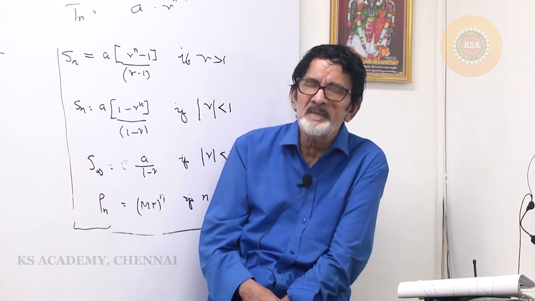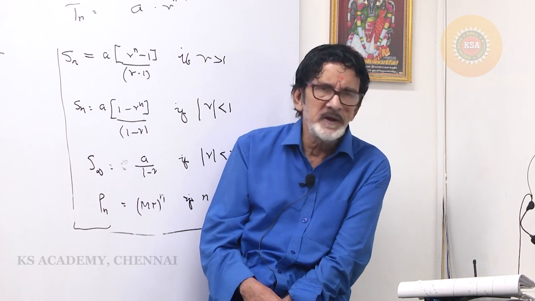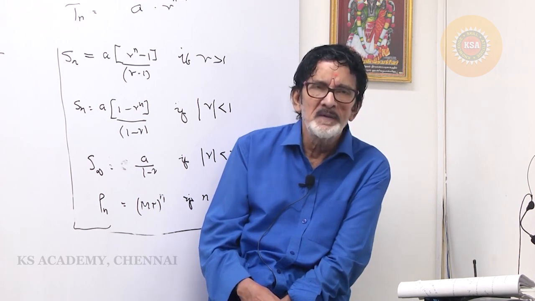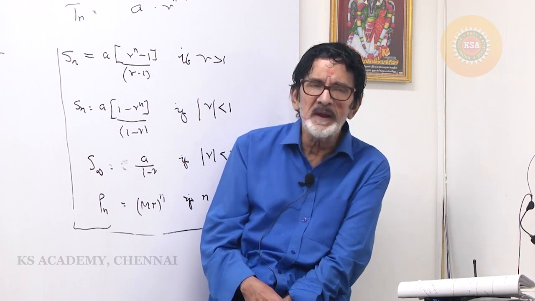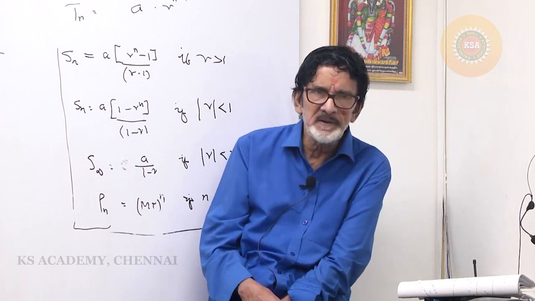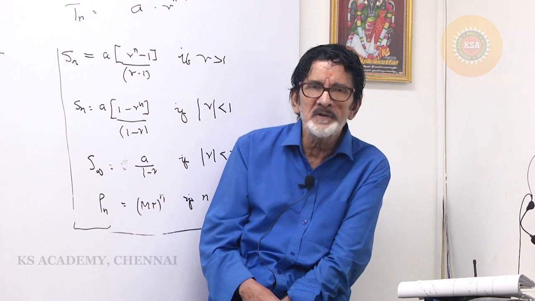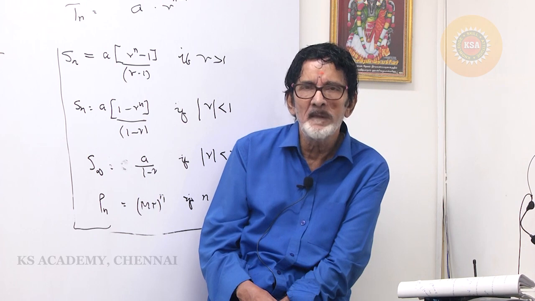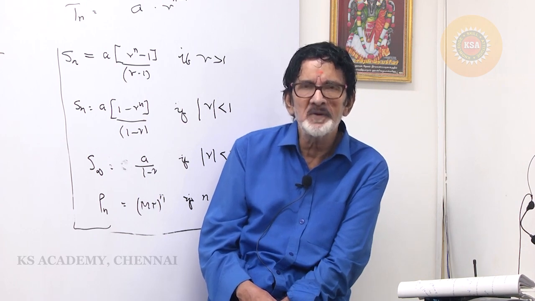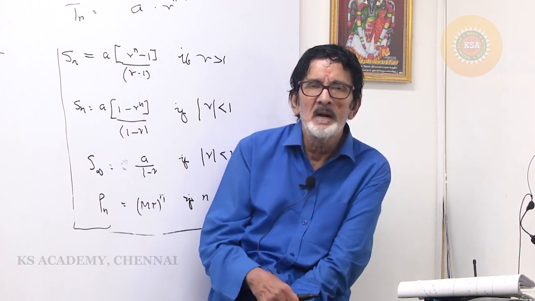That's the reason I have said quite a number of times, always verify, a good habit. T2 by T1, 77 by 7, the answer is 11. T3 by T2, 777 by 77, you won't get the same answer. Not getting 11. It is not a GP.